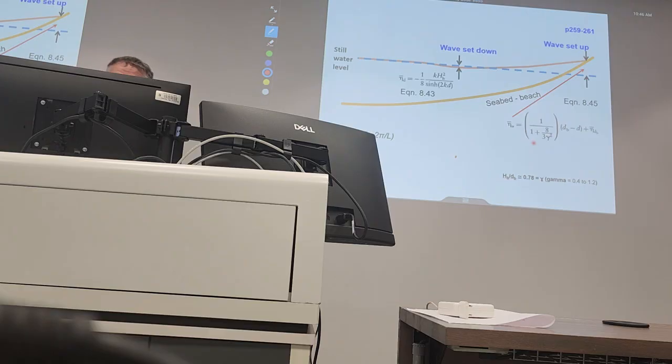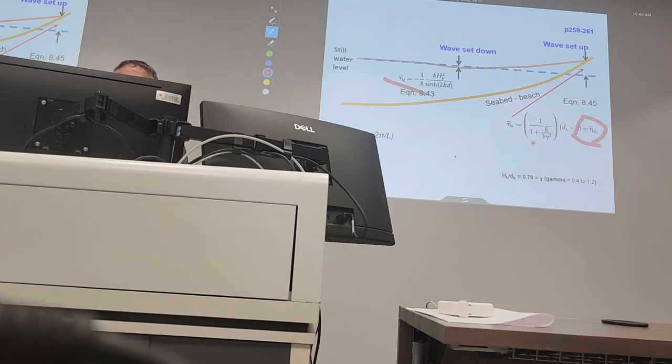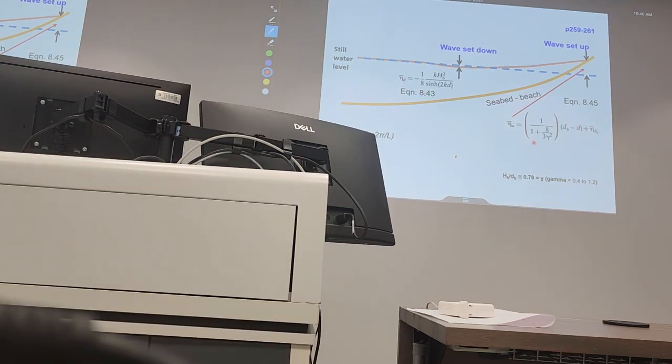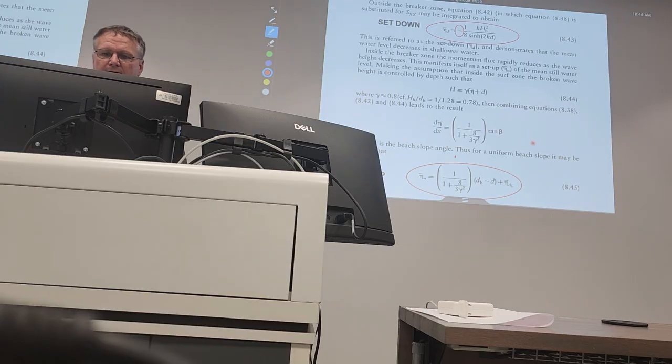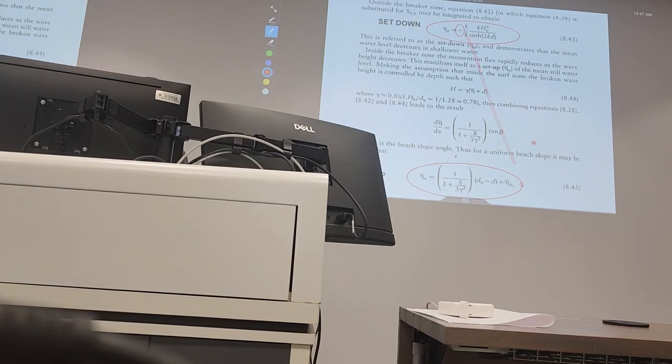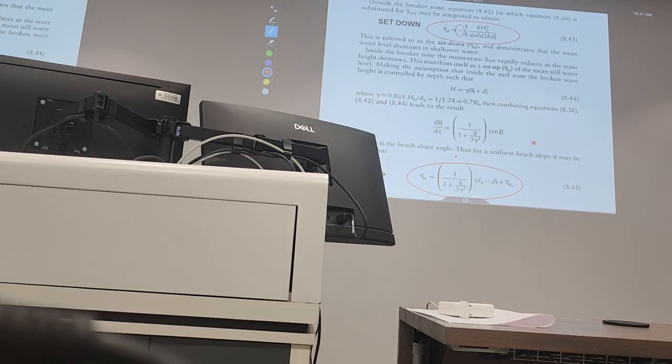At the end of this formula, that last section is basically the set-down that we add onto that. If you look at the equations in the handbook, you must remember this is a negative value, so the moment you add it, it will reduce, because that top one is negative. Once again, this tan beta in the equation is the slope of our setup line.